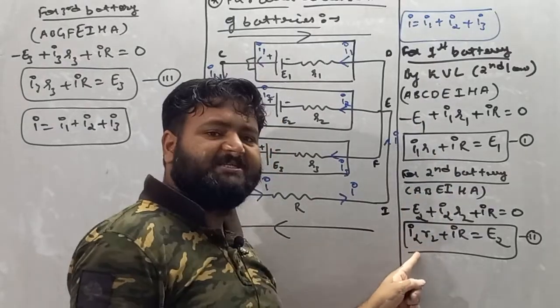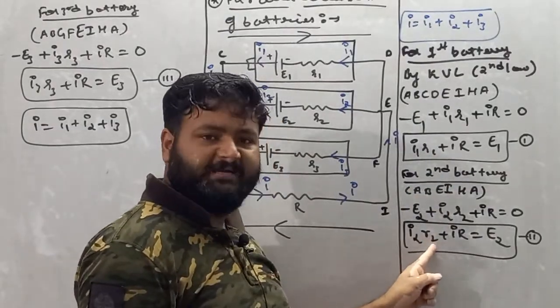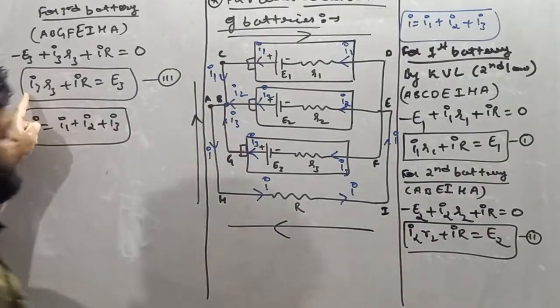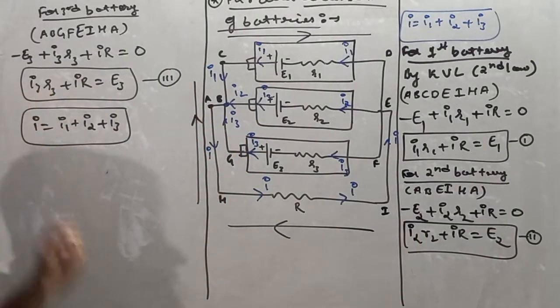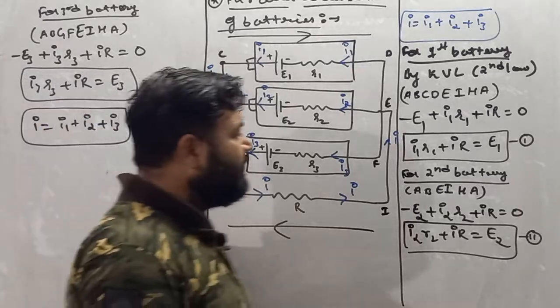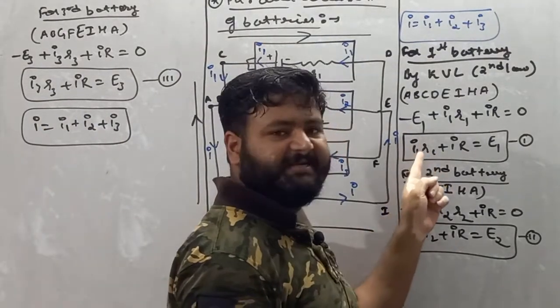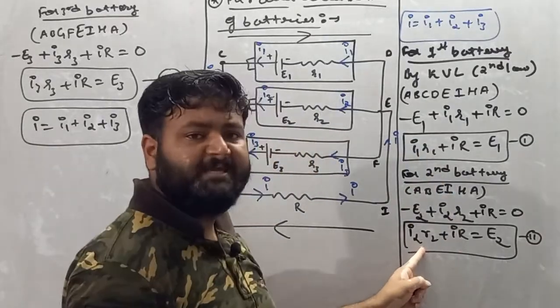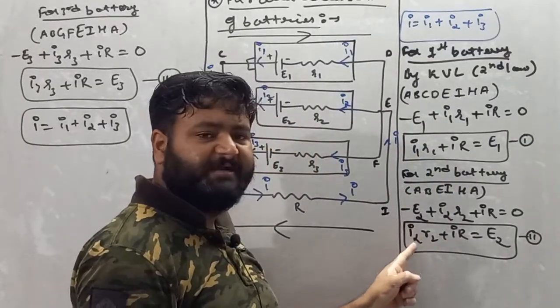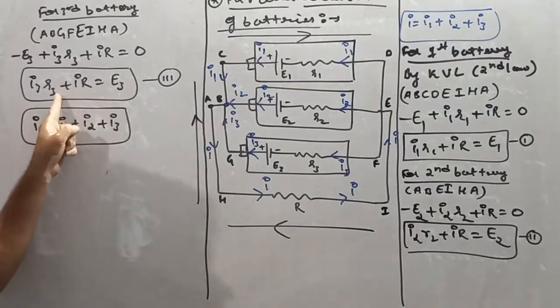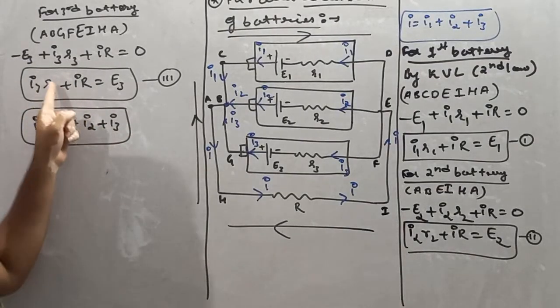In the second equation, along with I2, R2 is there, and in the third equation, along with I3, R3 is there. So what we are doing now, we divide the first equation by R1 so that I1 gets free, divide the second equation by R2 so that I2 gets free, and divide the third equation by R3 so that I3 gets free.